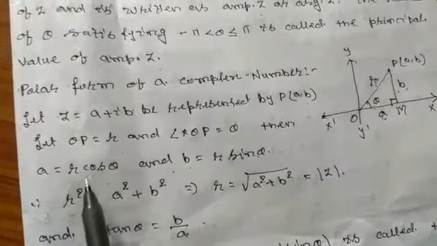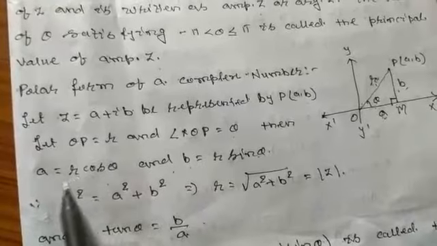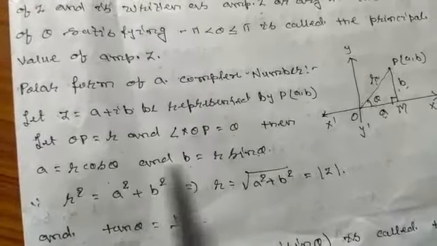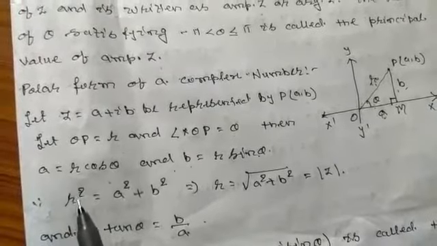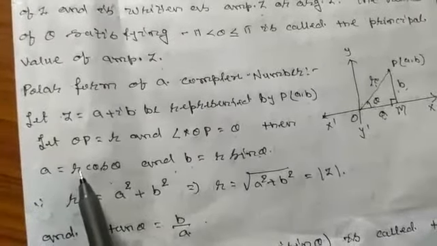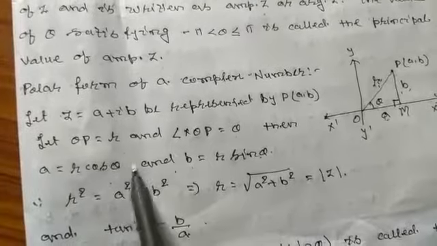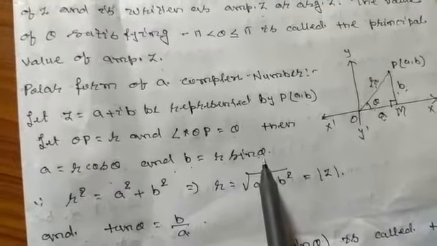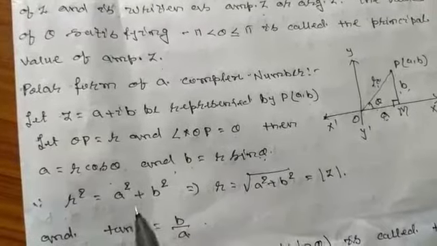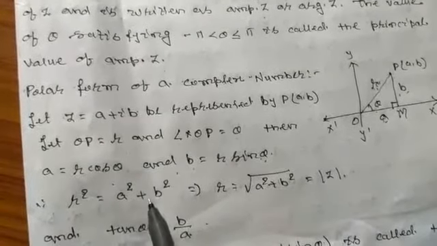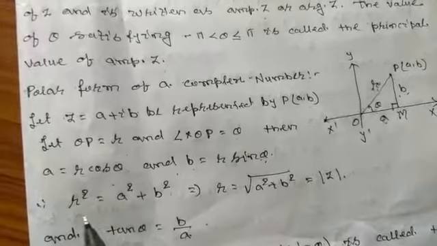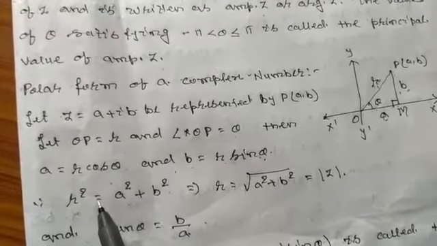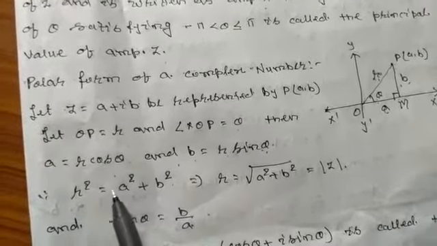Now squaring and adding both equations, you will get a square equals r square cos square theta and b square equals r square sin square theta. When you add together, you will have a square plus b square equals r square into sin square theta plus cos square theta, which is equal to 1.